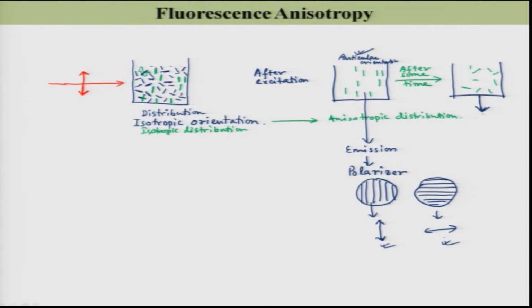So, I can write it mathematically: here I parallel is high for this case, right, and I perpendicular is very small. However, after the molecules reorient themselves to make an isotropic distribution in the solution, in this case I parallel will be equal to I perpendicular, right.